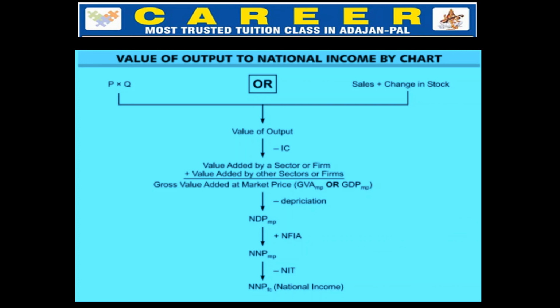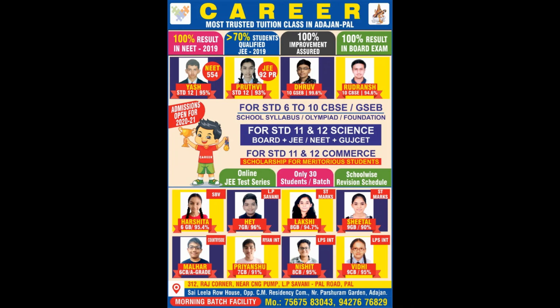You will get gross domestic product at market price or gross value added at market price. You will deduct depreciation. You will get NDP at market price. You will add NFIA. Then you get NNP at market price. You deduct NEIT. You will get NNP at FC. This is your national income.